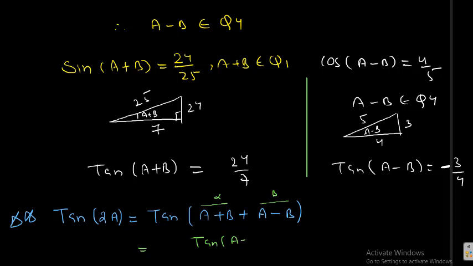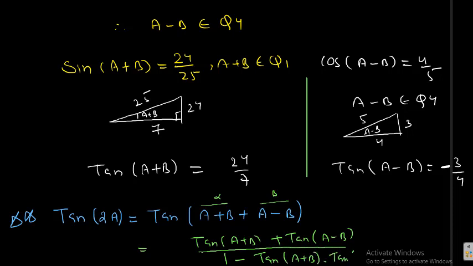Tan alpha plus tan beta by 1 minus tan alpha into tan beta. Just substitutions only.